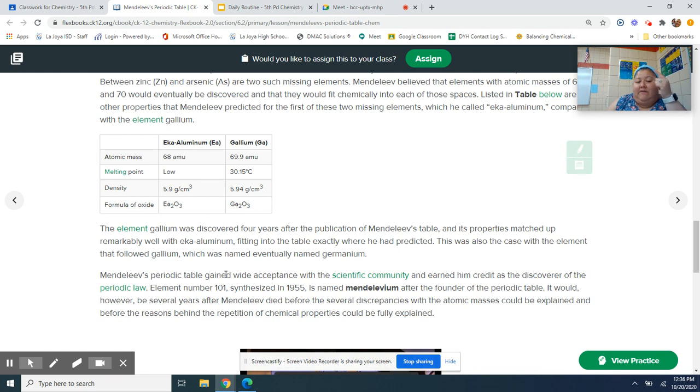It would, however, be several years after Mendeleev died before several discrepancies with atomic masses could be explained and before the reasons behind the repetition of chemical properties could be explained. So there were some errors in the atomic masses, and the repetition of those chemical properties was fully explained after he had passed away.